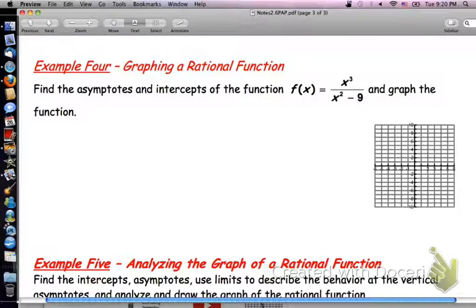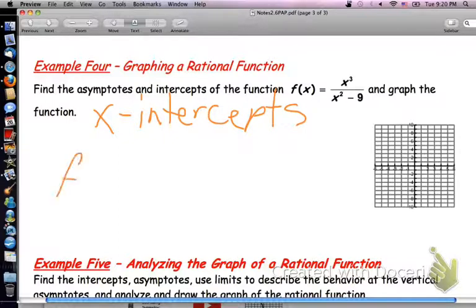So we looked at the end behavior and at the vertical asymptotes. Now let's look at our intercepts. The x-intercept will be where our function f of x equals 0.